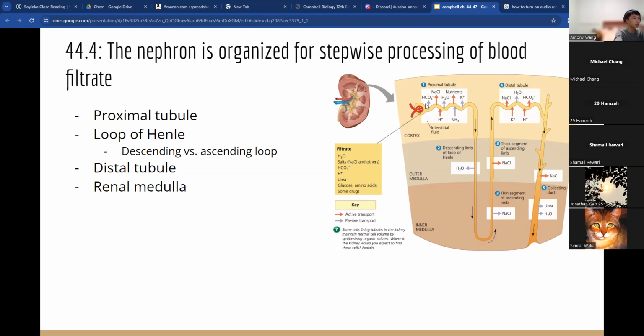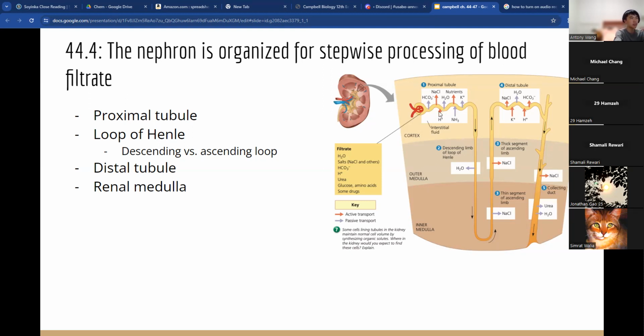So here in the proximal tubule, salt and water get reabsorbed. That's automatic. Nutrients get reabsorbed. If there's glucose here, which there shouldn't be. Oh, sorry, there is glucose here, and usually your kidneys can reabsorb all of it. And depending on the pH balance of your blood, it can either secrete hydrogen ions into the urine or take out bicarb.